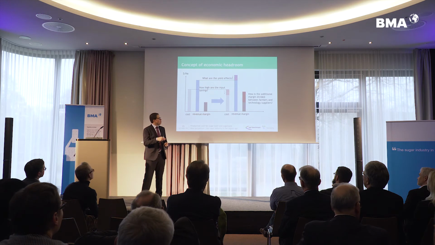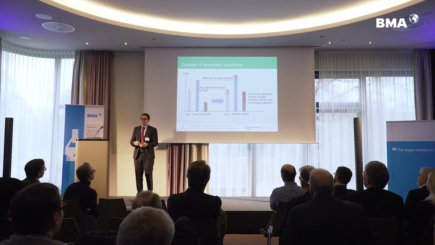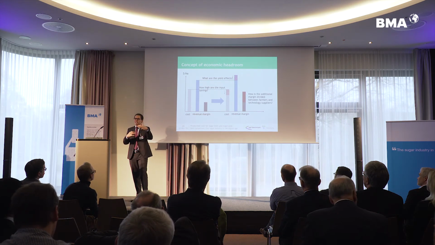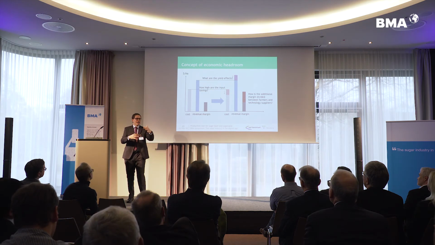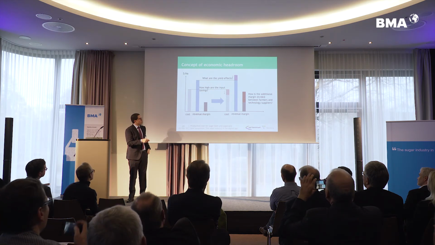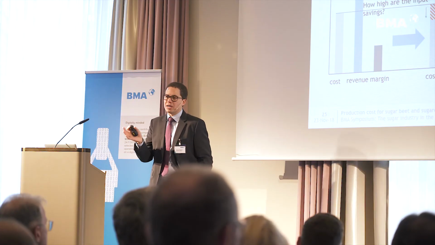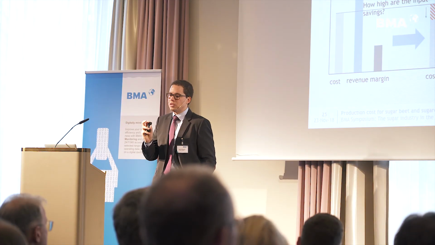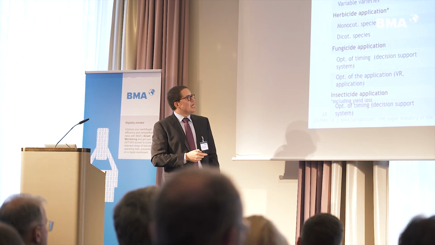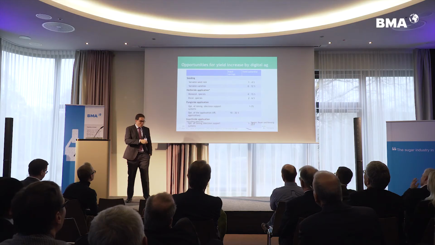At the end, you have this economic headroom. It's a very strange word, but it only means how much money is left. So you save money there, and then the question is, from what is left, how much goes to the farmer, and how much goes to the service provider.